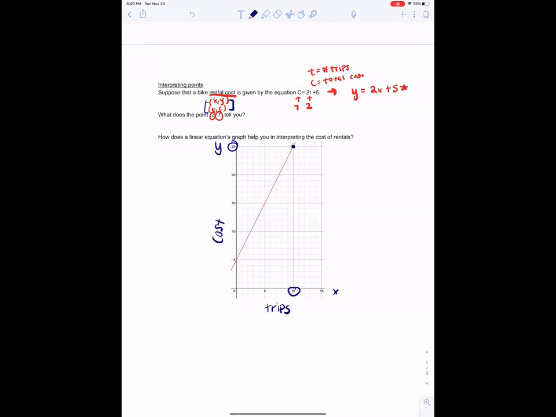So what would this point tell me? (10, 25). What it tells me is that for 10 trips, it will cost me $25. So if you're ever asked, it means I will pay $25 for 10 trips.